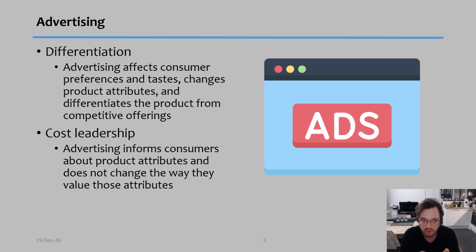Well, for differentiation, advertisement affects the consumer. They believe that advertisement affects consumer preferences and tastes, changes product attributes, and differentiates the product from the competitive offering. In other words, advertisement will change what the consumer prefers. We see that, for example, with brands such as Starbucks, Amazon, and Apple.